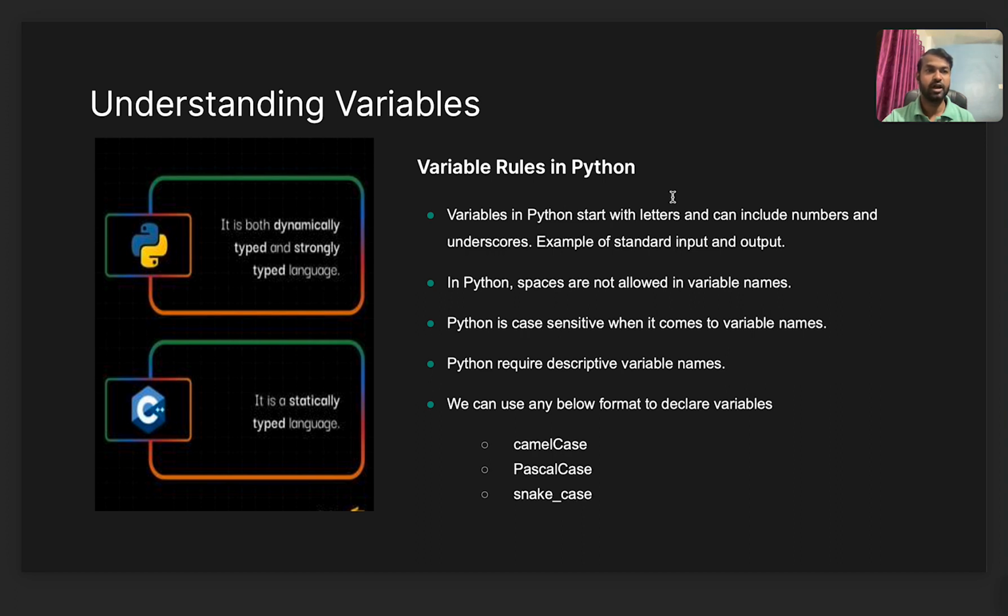And Python requires descriptive variable names. If you have multiple words and you have to declare a variable, then use either Pascal case, camel case, or snake case. Okay, so I hope you got the idea about variables.